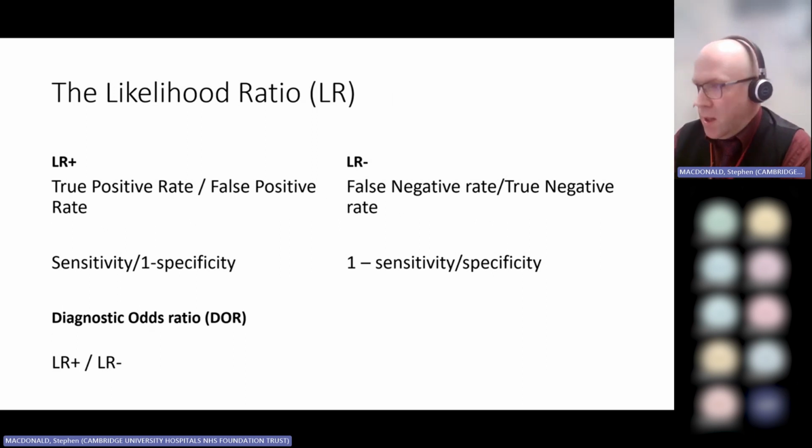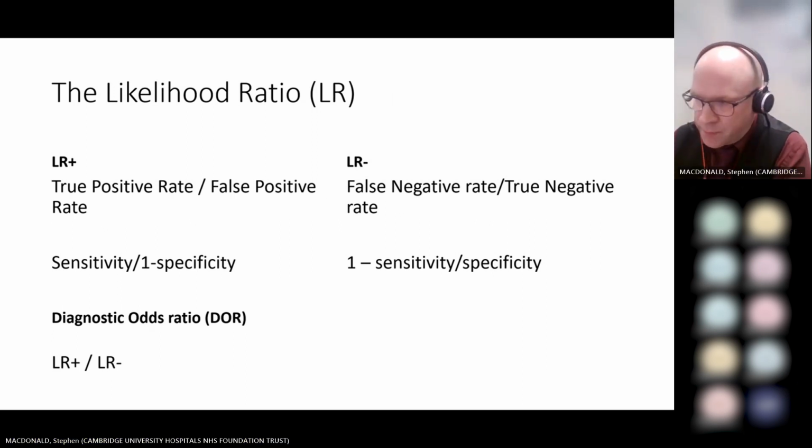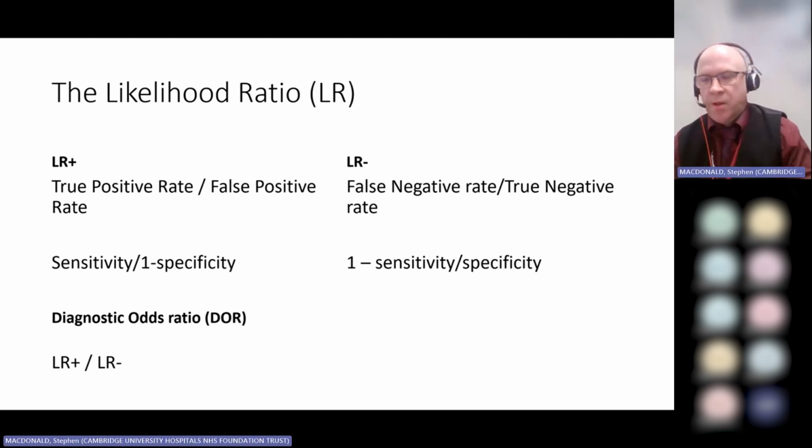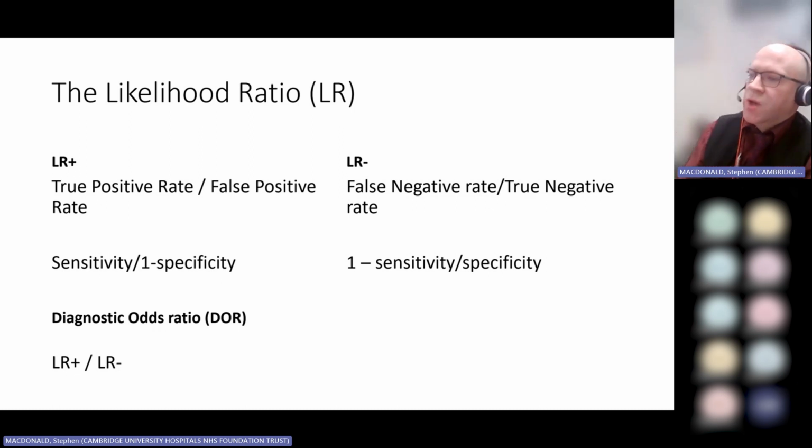We can calculate that by the likelihood ratio. The likelihood ratio, much like the other metrics, is split into positive and negative likelihood ratios. For the positive likelihood ratio, we calculate the true positive rate divided by the false positive rate, which are those two metrics in the ROC curve effectively, so the sensitivity divided by 1 minus the specificity.